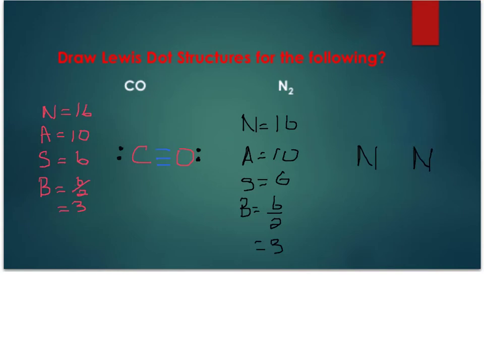They're going to be 3 bonds. 1, 2, 3. And each nitrogen would have 6, 2, 4, 6. So we need 2 more. So we put a lone pair or 2 electrons on each. Remember, 2 electrons make a lone pair. We have, if you count, 2, 4, 6, 8, 10. And we also had 10 available electrons. So that takes care of that.